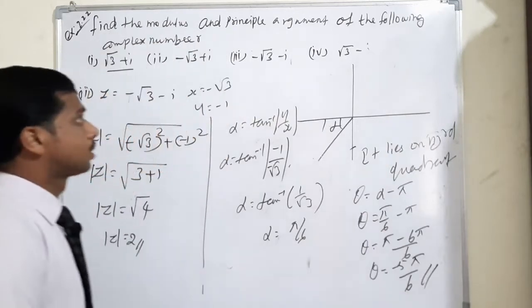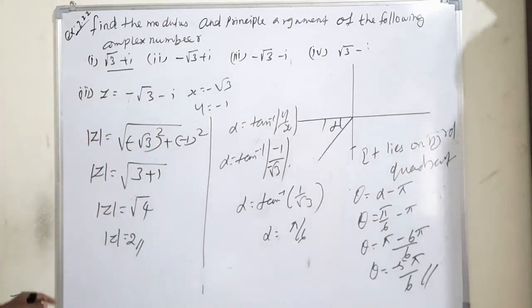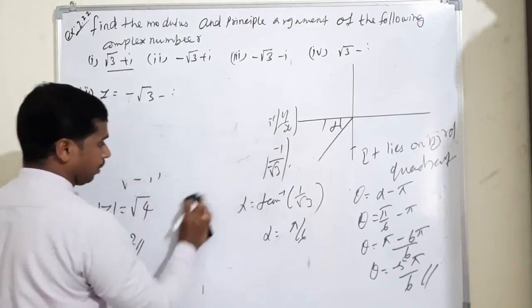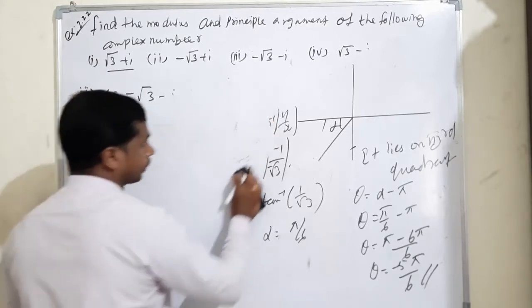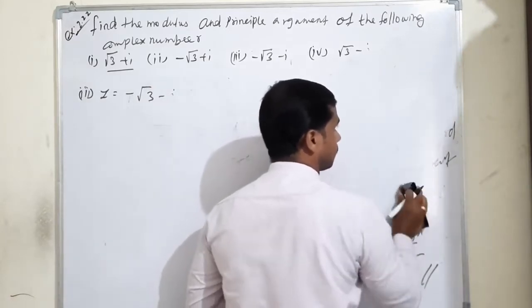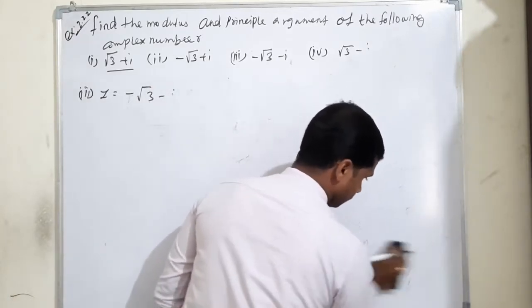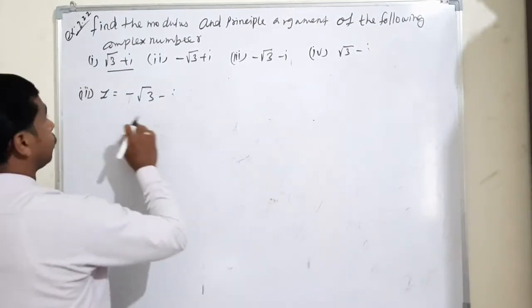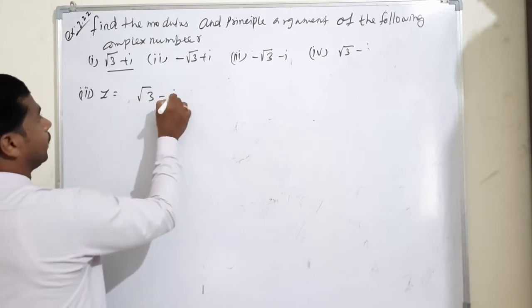Moving to the last one from example 2.22, isn't it? The last subdivision: positive root 3 and minus i.